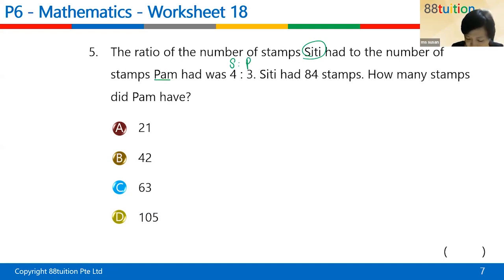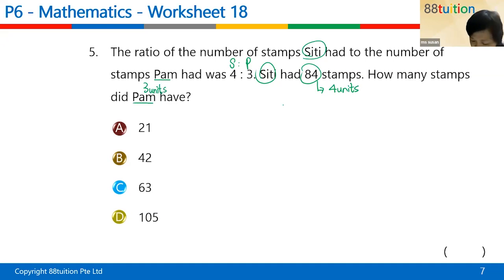And Siti has 84 stems. So Siti 84 and this 84 is meant for 4 units. How many stems did Pam have? So Pam is technically having 3 units. So meaning to say we have to find for 3 units.